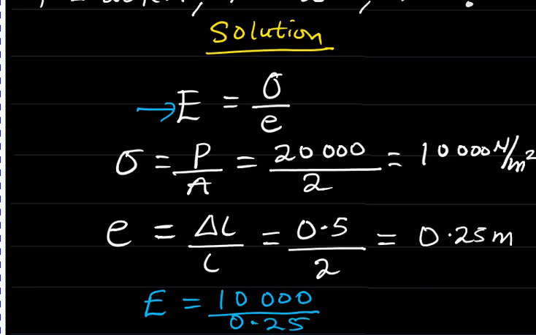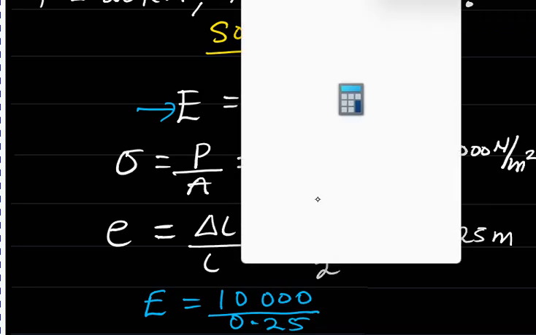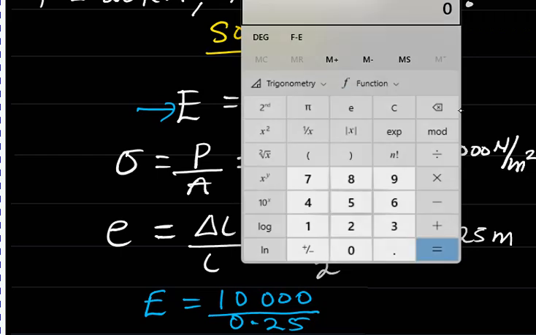All right, let me perform this calculation with a calculator. 10,000 divided by 0.25 is 40,000.